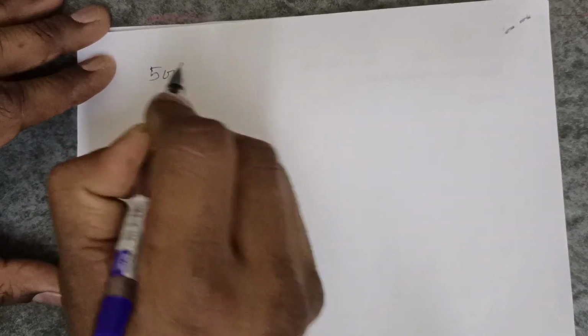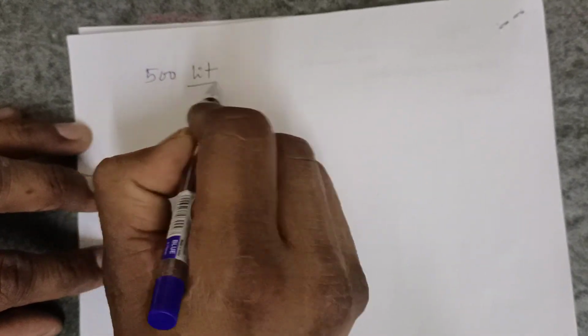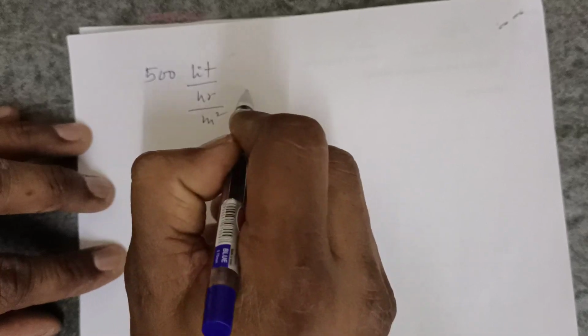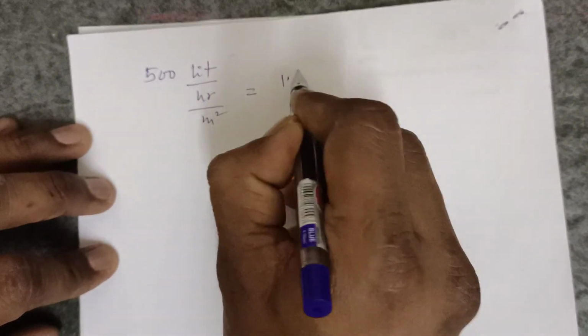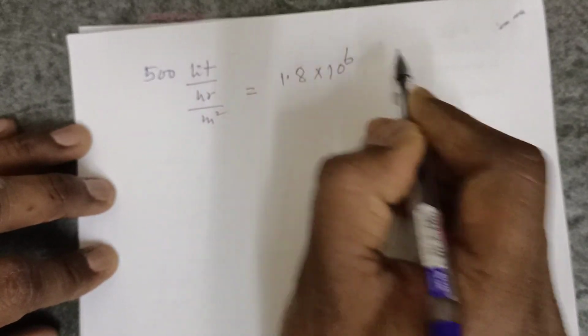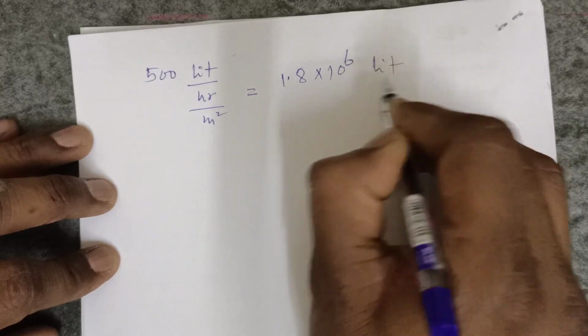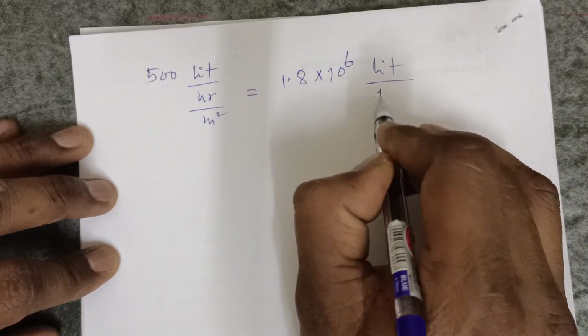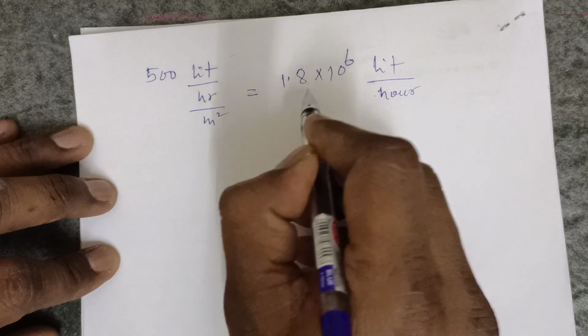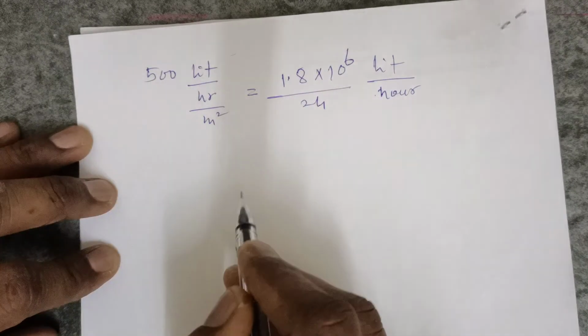I will solve the whole thing. First is 500 liter per hour per meter square, equal to 1.8 into 10 to the power 6 liter per day. If I convert it into liter per hour, I will divide it by 24 hours, right?